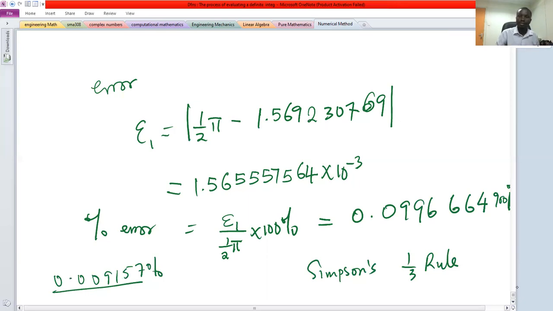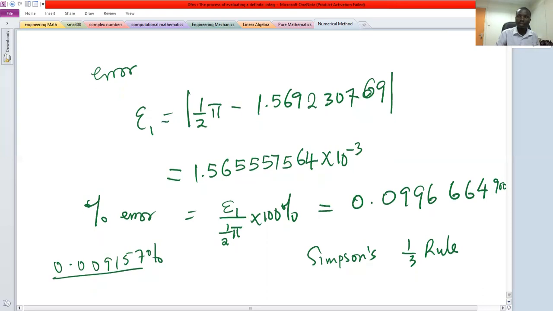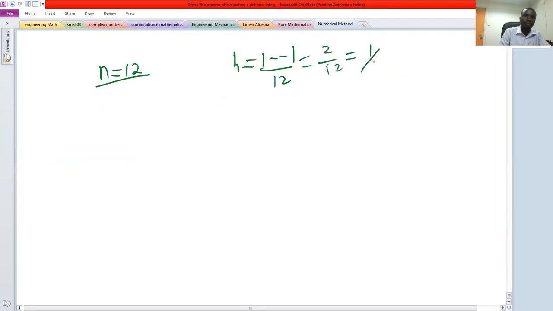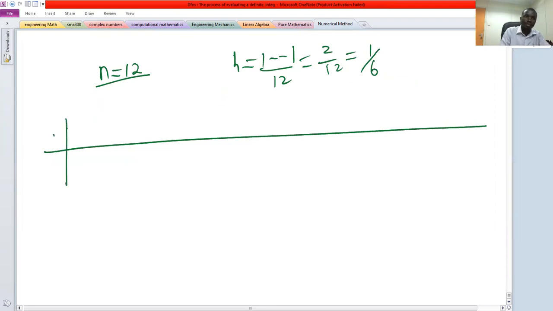And then lastly, when n is 12, we'll have h equal to (1 minus (-1)) over 12, which is 2 over 12, which is 1 over 6. So we make a table of values, x and f.